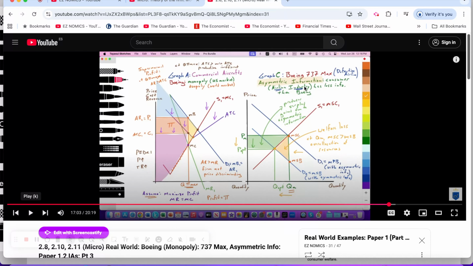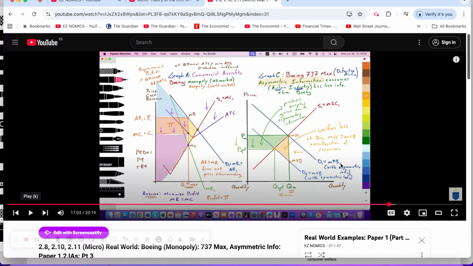And so in graph C, we have an illustration of asymmetric information. We have price and quantity on the axes, the upward sloping supply curve S1 equal to the marginal social cost, and the initial demand curve D1 equal to the marginal private benefit, and we're going to make a label here with asymmetric information.